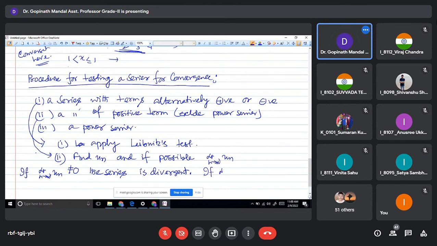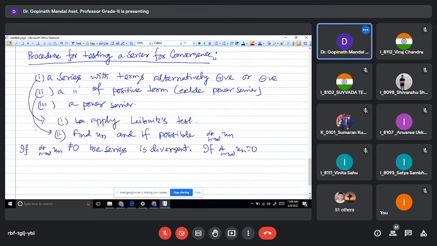And if limit n tending to infinity un is equal to 0, then compare the series un with a power series, that is 1 by n to the power p, and apply the comparison test.